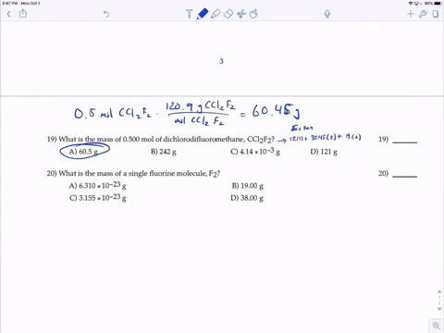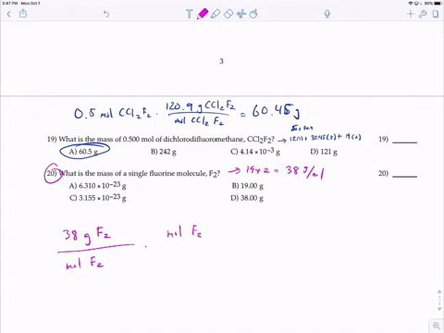Alright, and there's another one that's just like this, number 20, but it's a different molecule, it's not fluorine. So, as I already discussed, 19 times 2 is 38 grams per mole, so 38 grams fluorine per mole fluorine times mole fluorine to 6.02 times 10 to the 23rd F2 molecules.